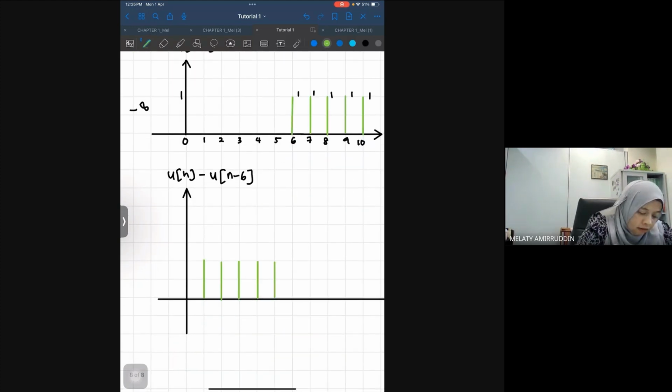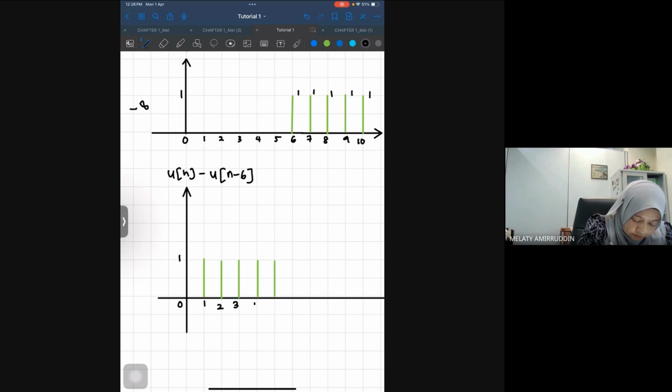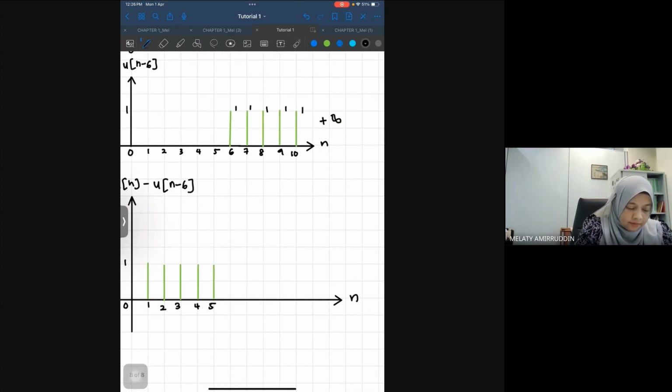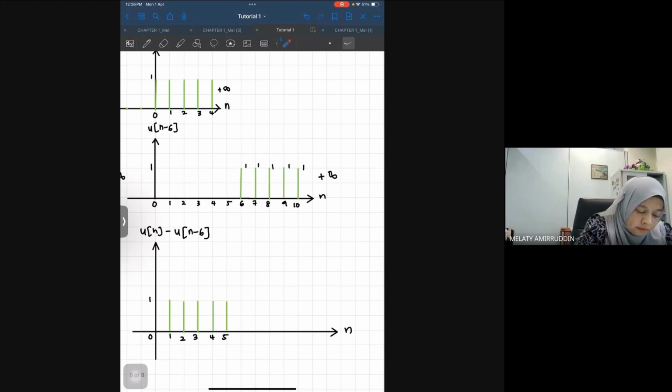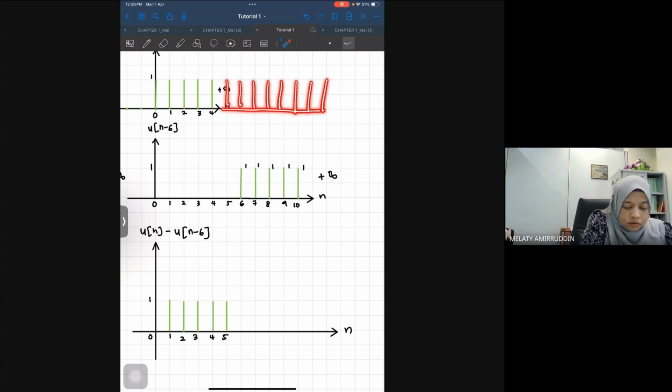So 1, 2, 3, 4, 5. And then here you have amplitude of 1. The amplitude is until infinity. This is not 0. Until infinity, until 1,000 million.